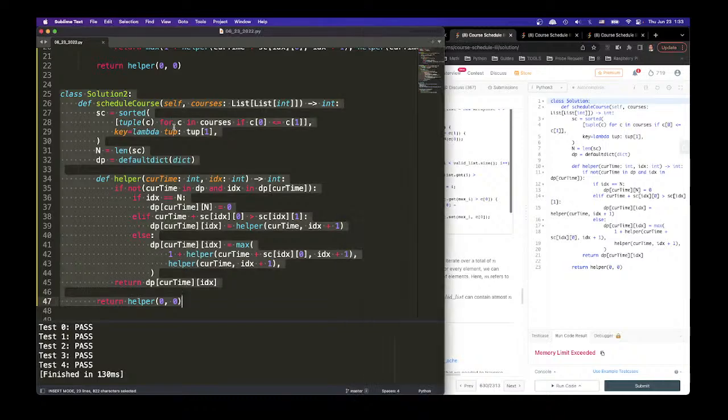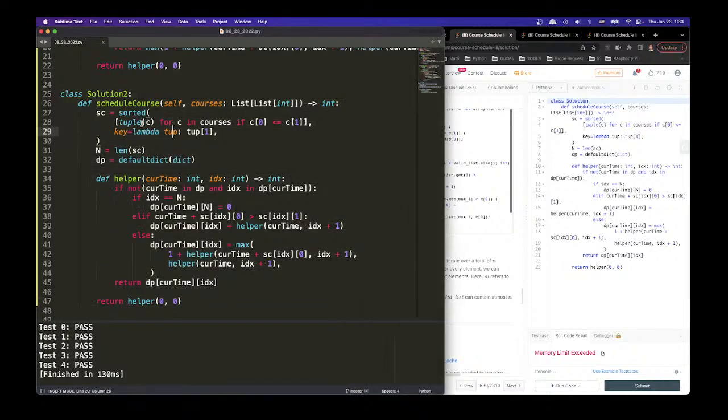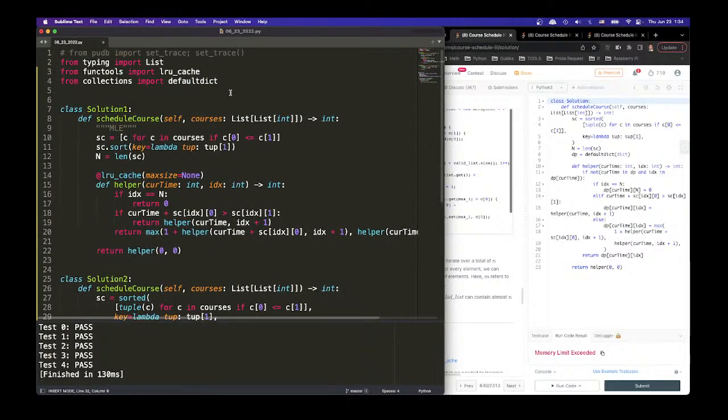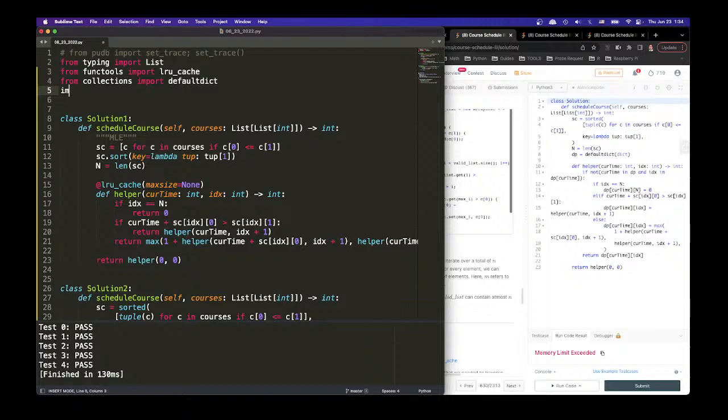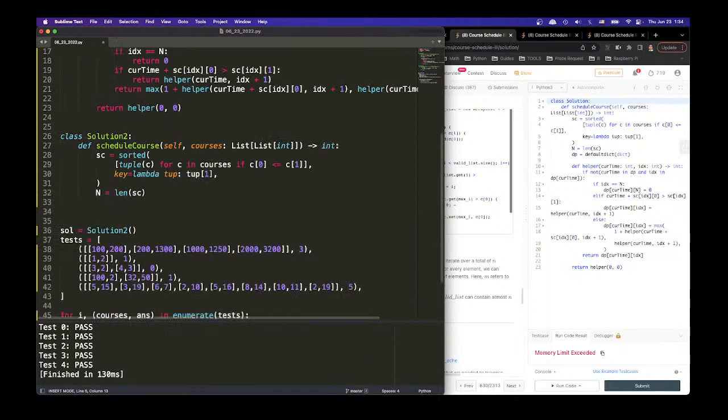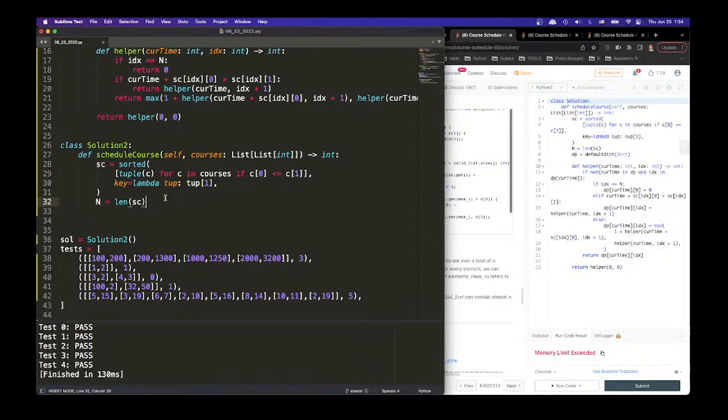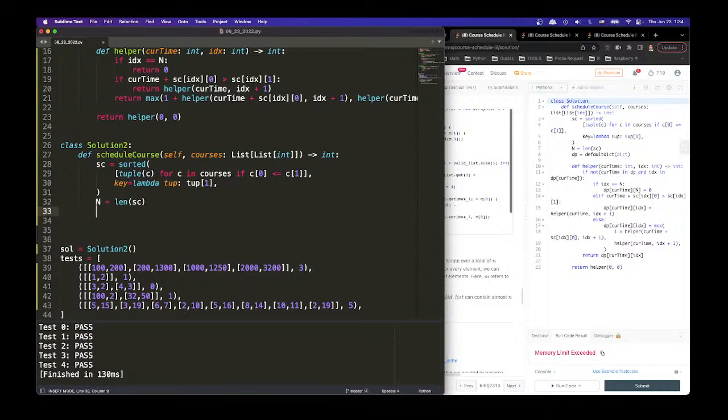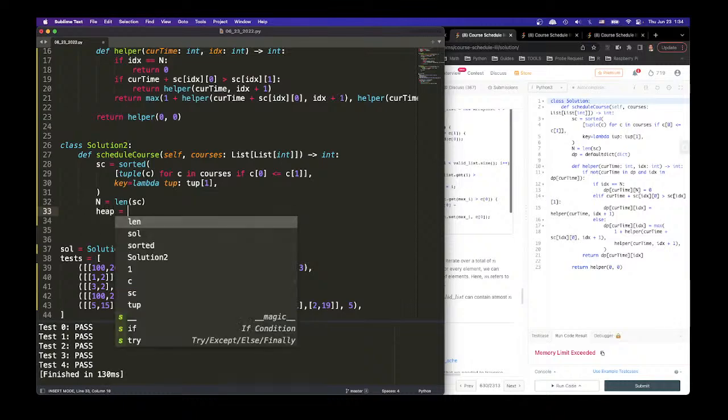Okay, so again, we're gonna sort like that. Remove the things that are giving us trouble. And then I'm gonna take the first one, sure.